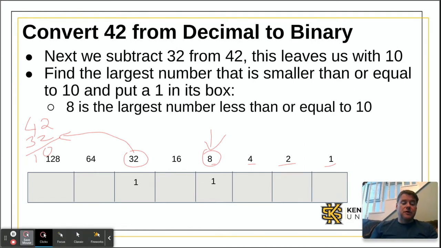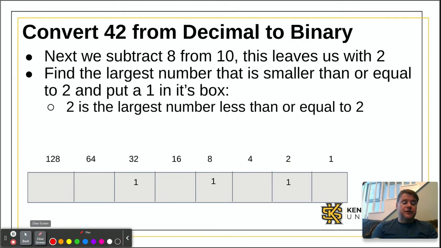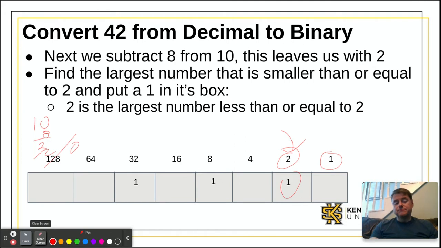I'm going to subtract 8 from 10, and that leaves me with 2. Now find the largest number that is less than or equal to that, which is 2. Put a 1 in that box, subtract 2 from it, and you end up with 0. All right, so we have done the conversion at this point.